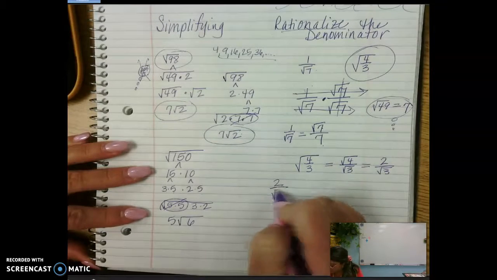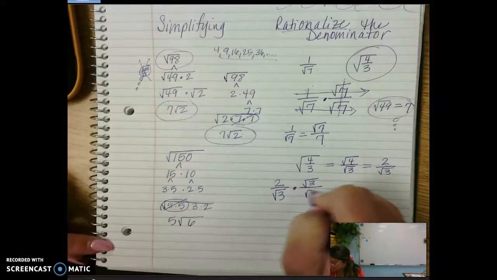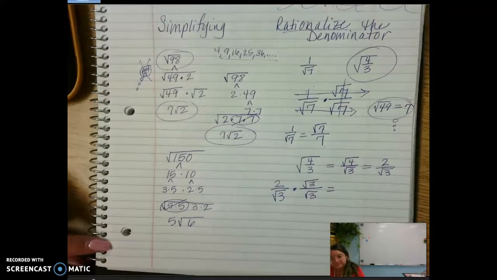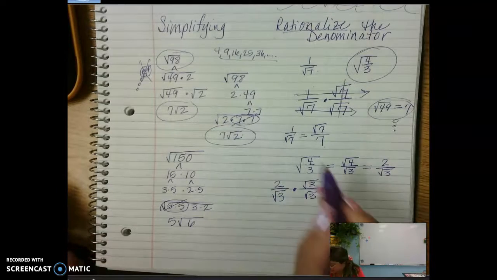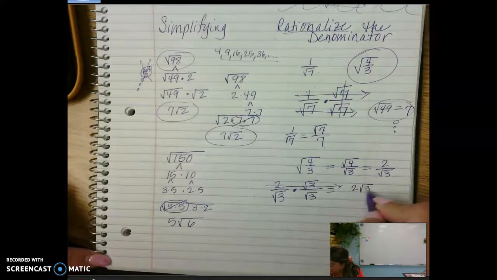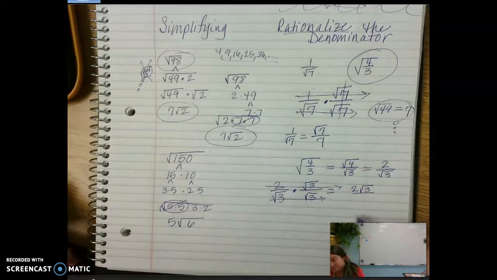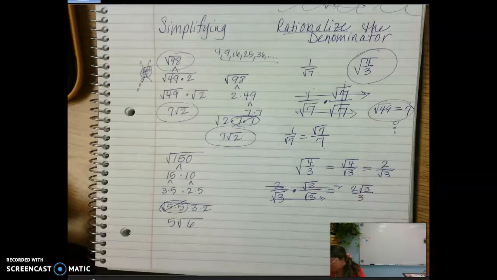So I have 2 over root 3. Again, I'm going to multiply by 1, which is root 3 over root 3. And then I'm just going to multiply my numerators and my denominators. 2 times the square root of 3 becomes 2 root 3. And root 3 times root 3 becomes the square root of 9, which is 3.